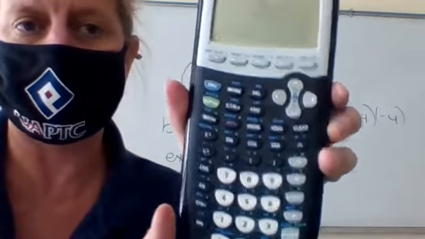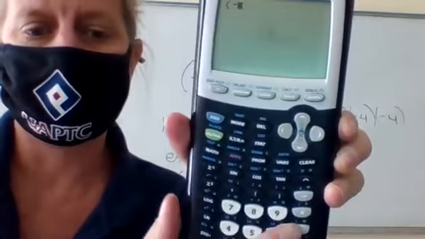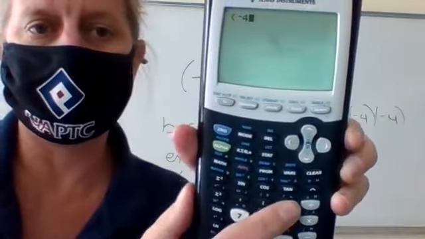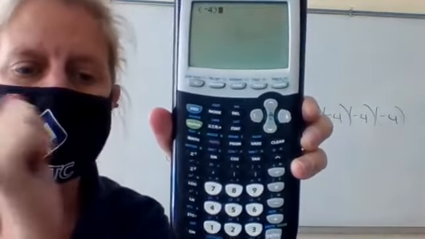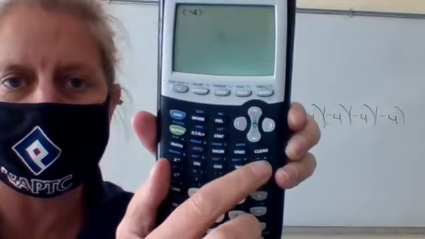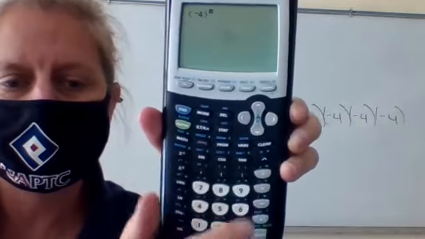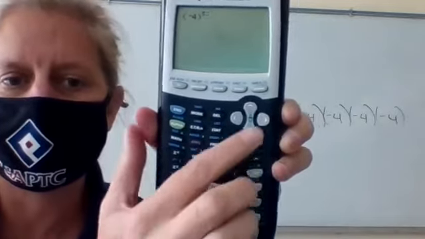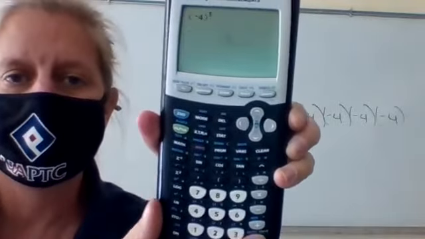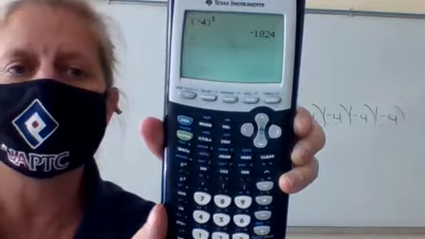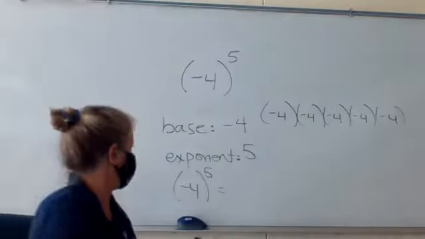This is the negative below the 3. So -4, close parentheses. So put your base in the parentheses. Now remember, to get up into the exponent, use this up arrow. My exponent is 5. And then get out of your exponent. So -4 to the 5th, hit enter, and you get -1024.